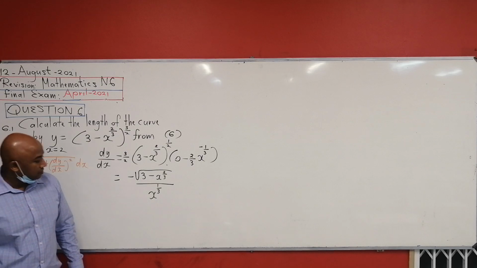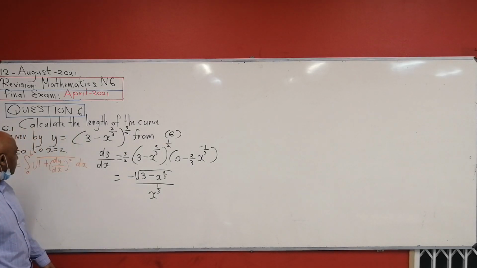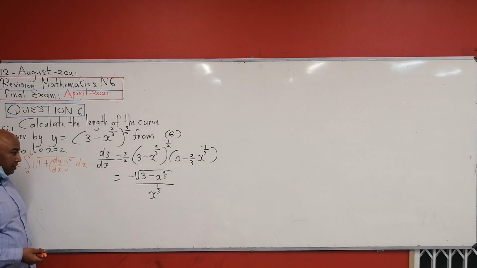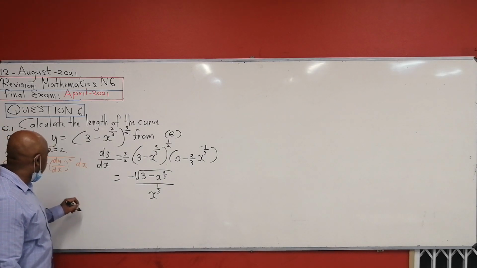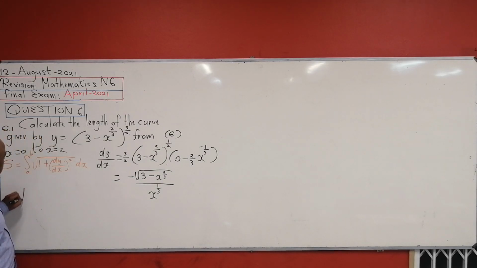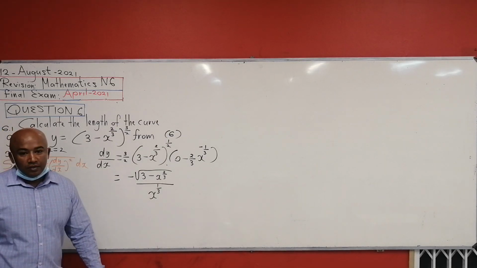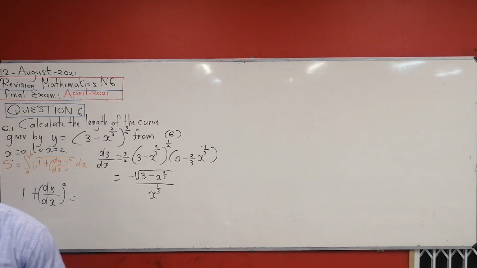Right, now, what do we need to do? We need to square it, we need to add 1. Okay, so I'm going to go 1 plus dy over dx all squared. Right, so 1 plus dy over dx all squared, we squared, and then we add 1.